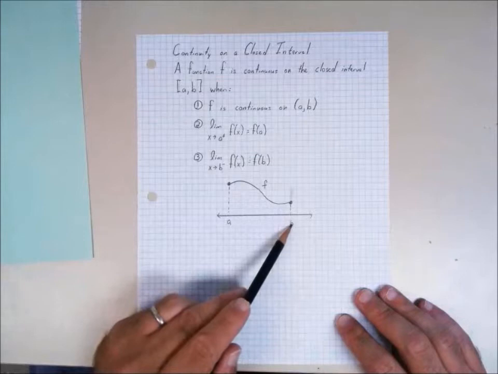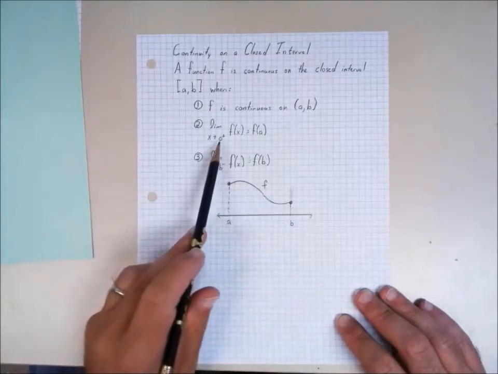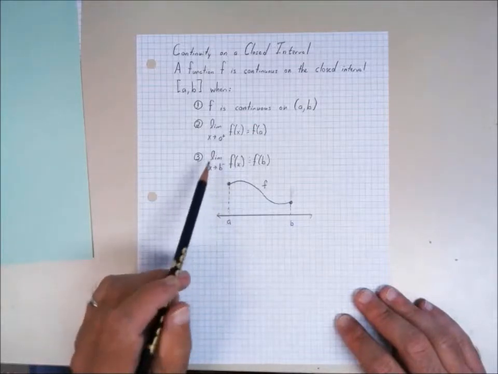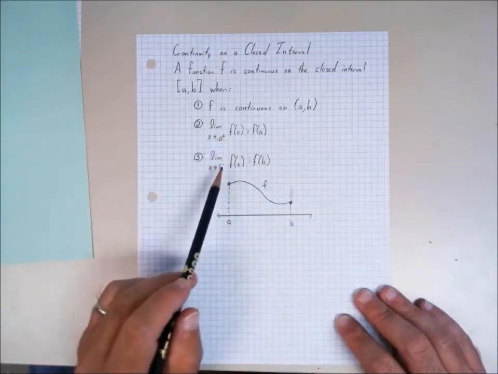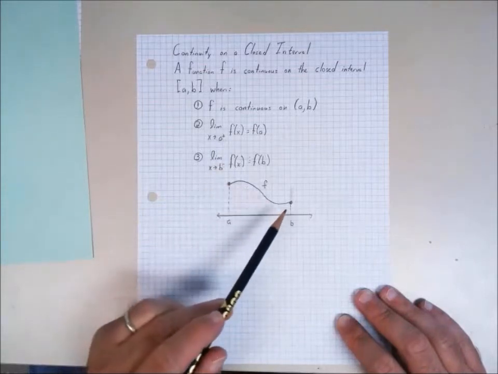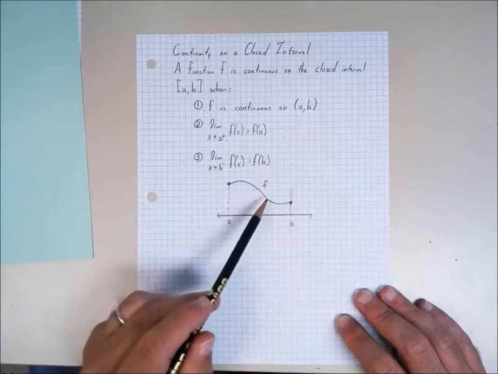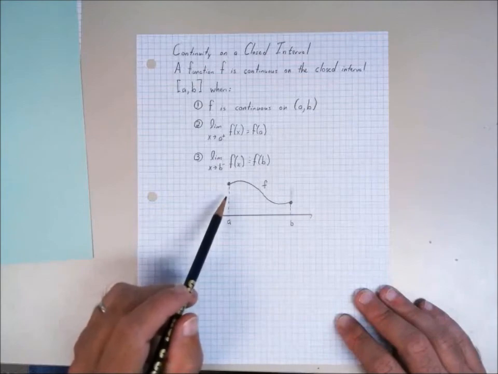For the right-hand side, you actually approach from the left. This is the thing that throws the students off the most, is that you've got the left bound approaching from the right and the right bound approaching from the left. But if you think about it, you want it to be continuous inside of the interval. That's why it looks as though it's switched around, but it's really right where it needs to be.